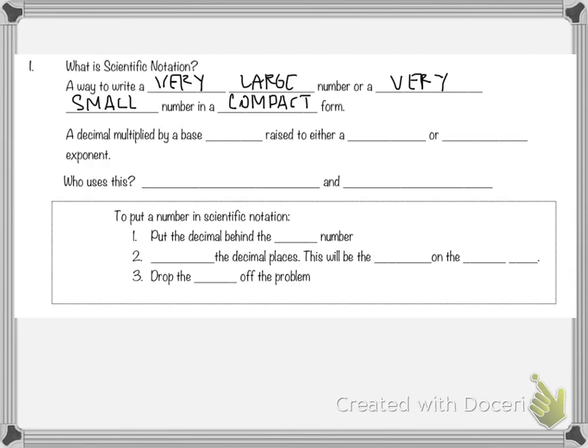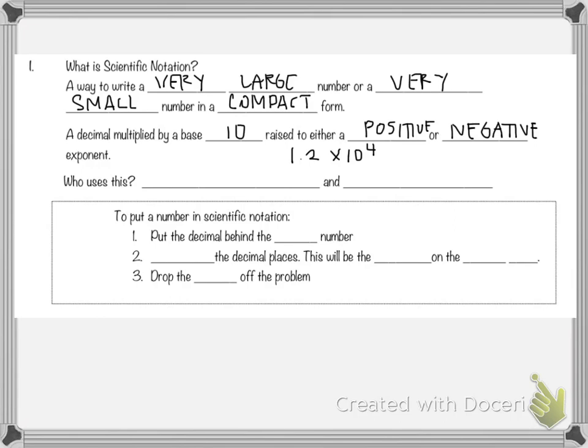So what you'll have there is a decimal value. It looks something like this. It's a decimal value multiplied by a base of 10, and that 10 is going to be raised to either a positive or a negative exponent. So it's going to look something like 1.2 times 10 to the fourth power. Okay, that would be scientific notation.